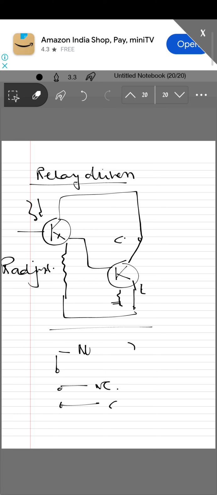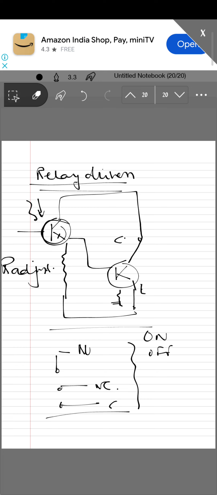These are the different relay contacts. Basically it gives you an on and off situation based upon what kind of current is being generated, and that depends upon the intensity of light falling on the phototransistor.